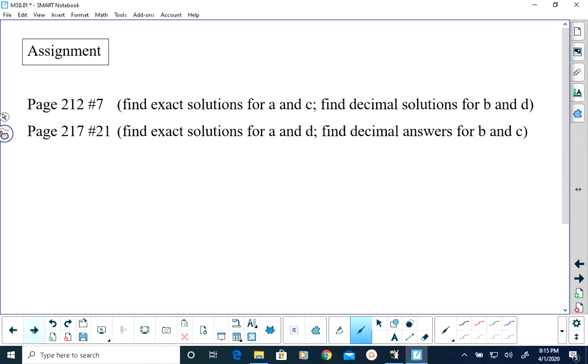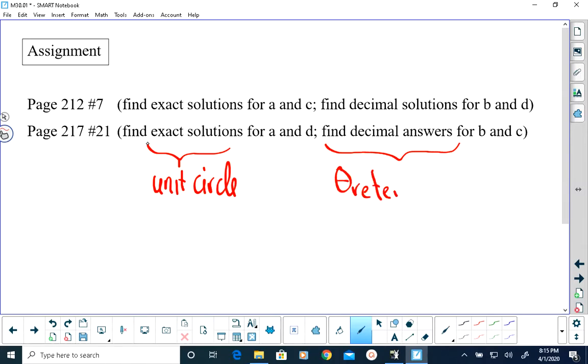And the exact solutions for page 217 are A and D. Bottom line here is, by the way, everybody, exact solutions mean you can rely on your unit circle. Whereas for decimal approximations, what you're looking at doing is using a concept of a reference angle.